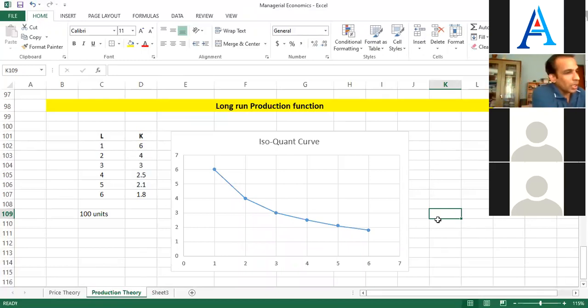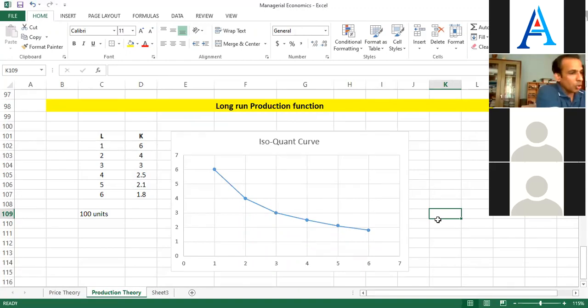In your recommended textbook, these isoquant curves are also given. Last day, for the short run production functions, I gave you the page numbers to refer to, page 179.